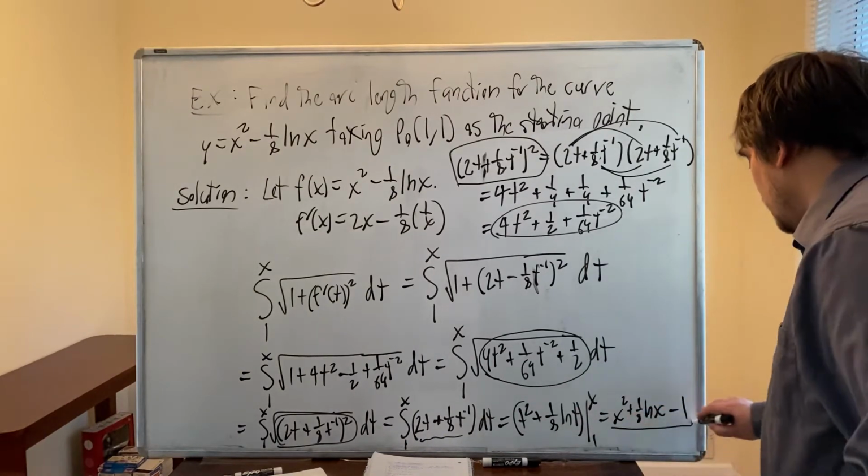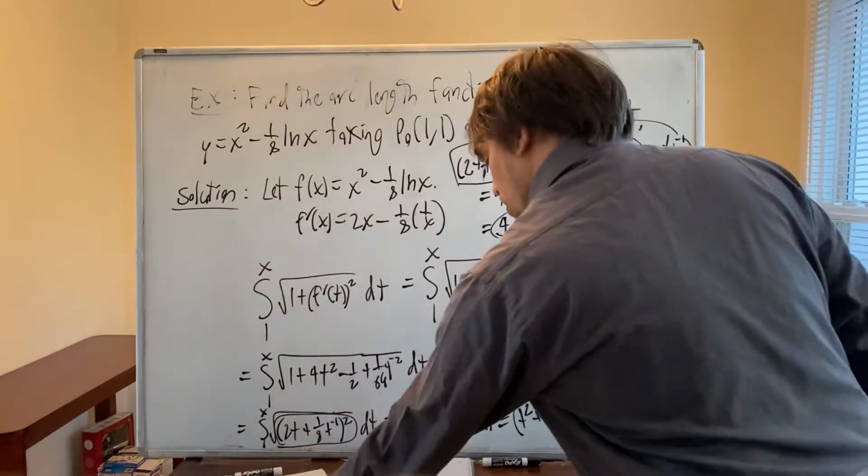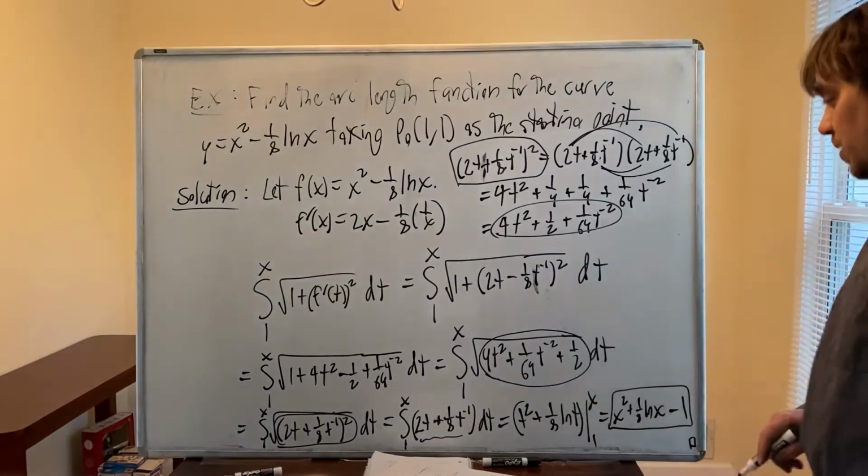That's s of x: x squared plus 1/8 ln x minus 1. And that is the final answer.